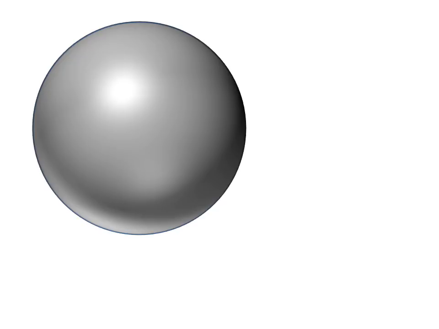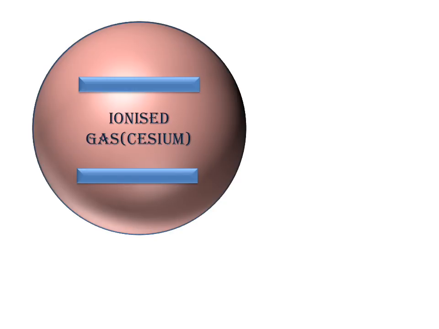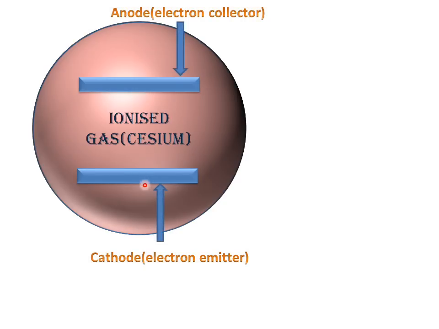We have a spherical cell in which we have an ionized gas, which is cesium. We have two electrodes. One is the cathode, the electron emitter, and the second one is the anode, which is the electron collector.